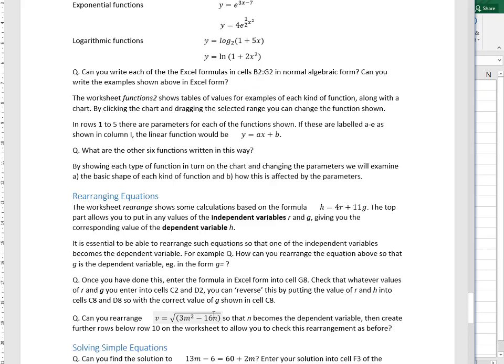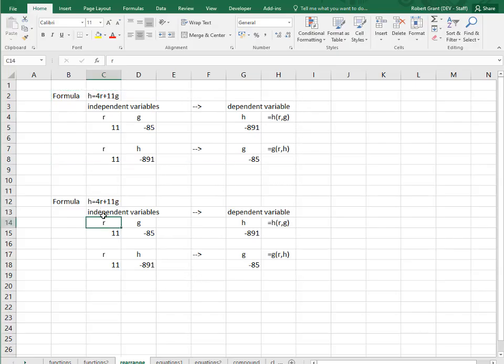So you're looking at v as a function of m and n. So there will be m, n, and that gives me v, v as a function of n.